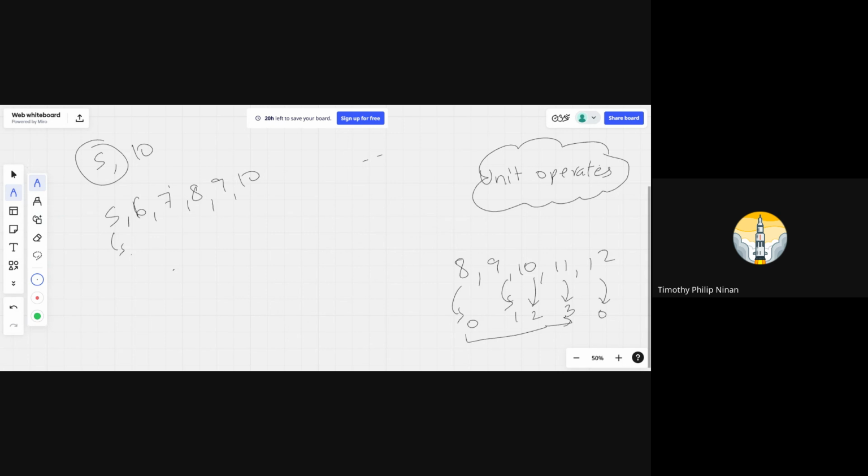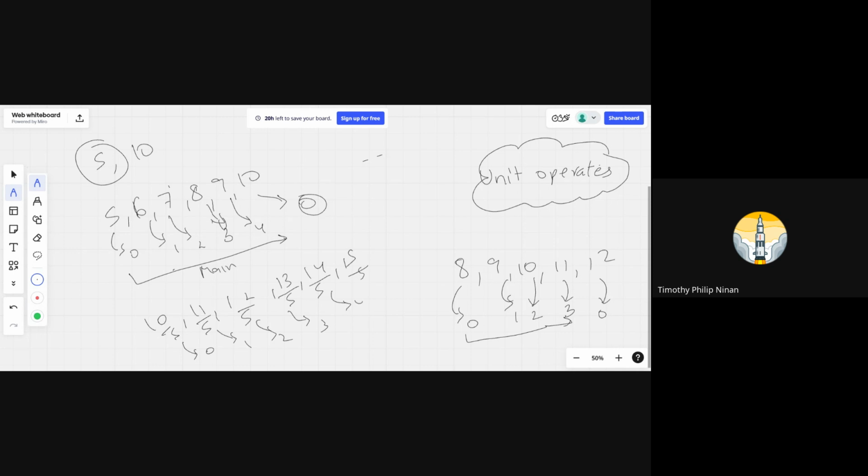So again, remainder: 0, 1, 2, 3, 4, and 0 again. So we can see the main remainders will repeat, and after 10 again it's 10, 11, 12, 13, 14, and 15. We divide them all by 5. So again, 0, 1, 2, 3, 4, and the remainder will be 0 again.